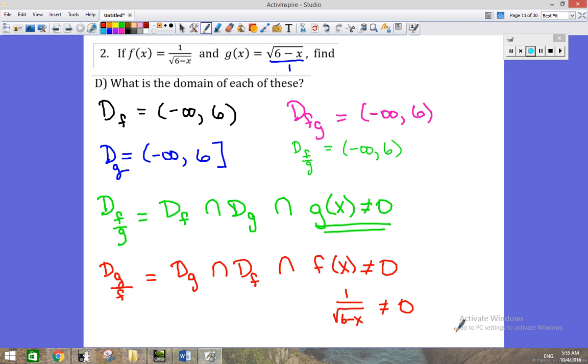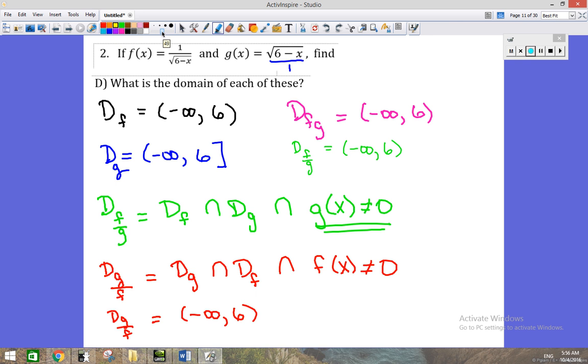So this function, no matter what input you plug into it, will never have an output of 0. So it's not adding any restrictions. So our domain of g over f is the same as our domain for f over g. It's all real numbers that are strictly less than 6.